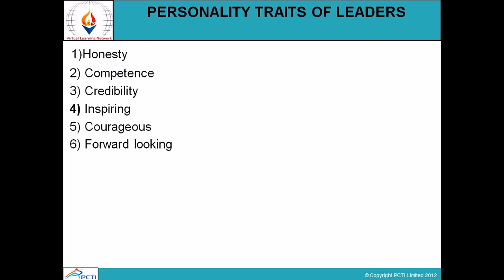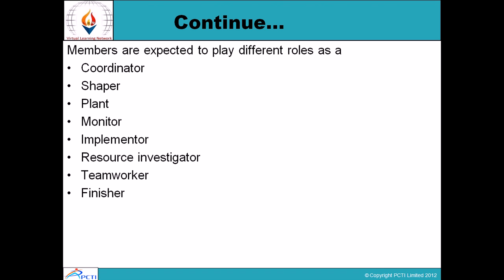Now, what are the personality traits of the leader? There are different personality traits of leaders like honesty, competence, credibility, inspiring, courageous, and forward looking. Right? Members are expected to play different roles as a coordinator, shaper, plant, monitor, implementer, resource investigator, teamworker, and finisher.